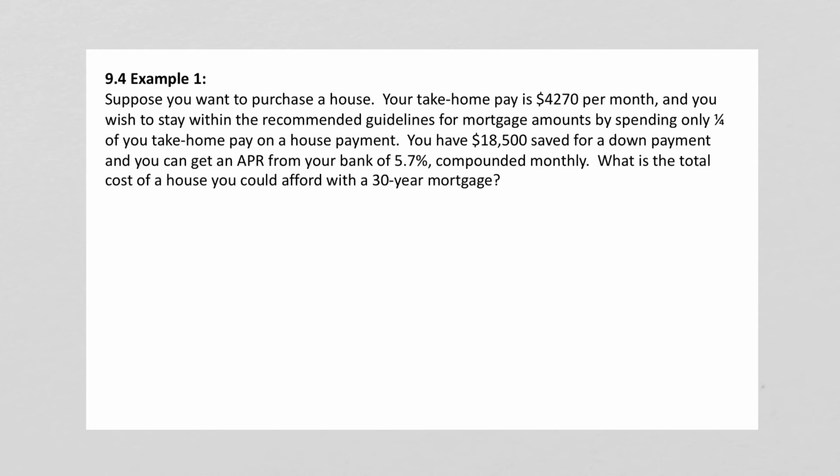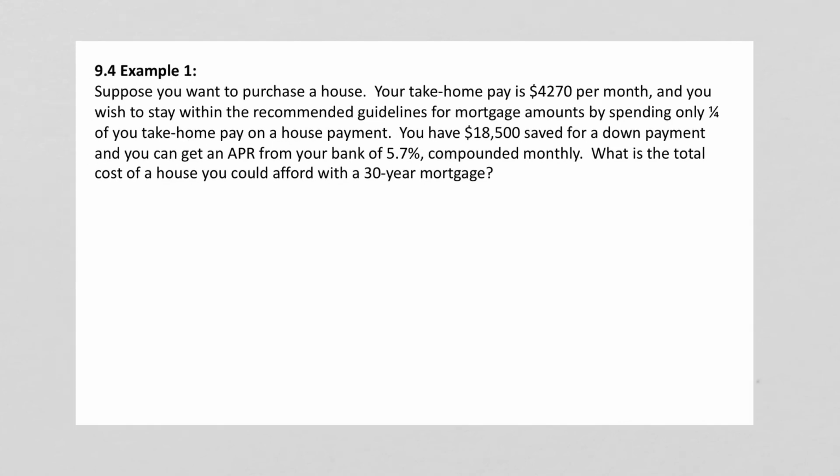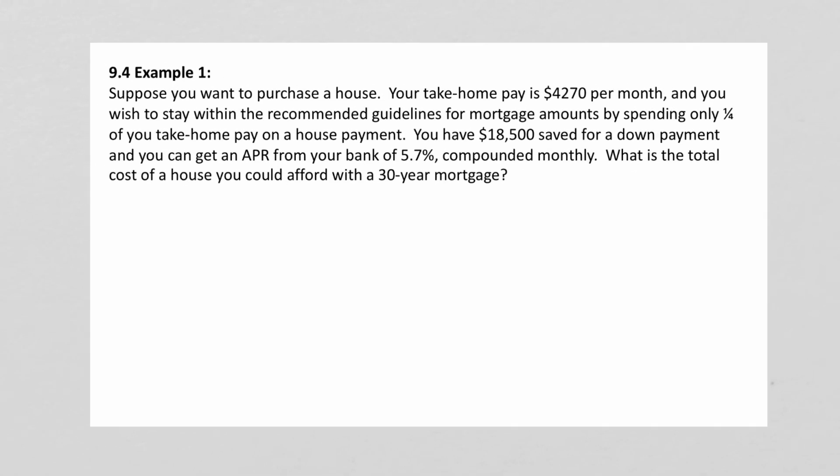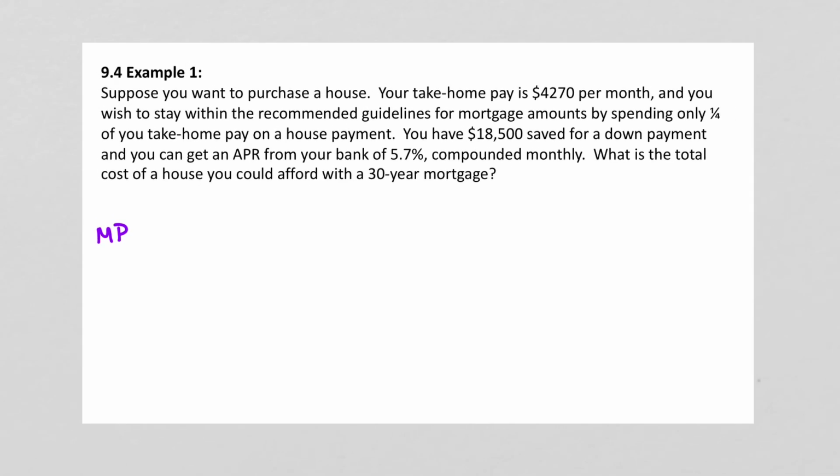So that formula says, I'm just going to abbreviate maximum purchase price, and it is whatever your payment is going to be times, on the top, 1 minus (1 plus R over N), looking familiar, to the negative NT.